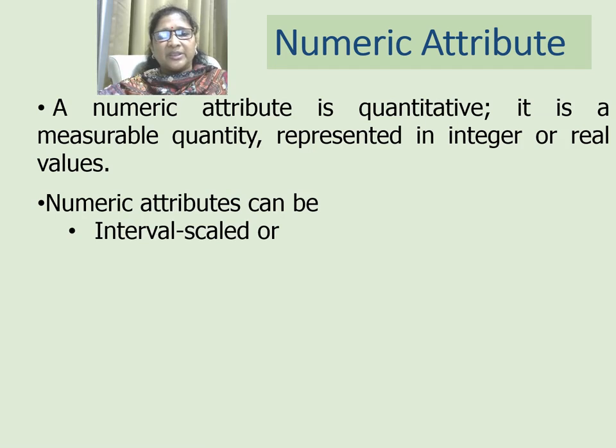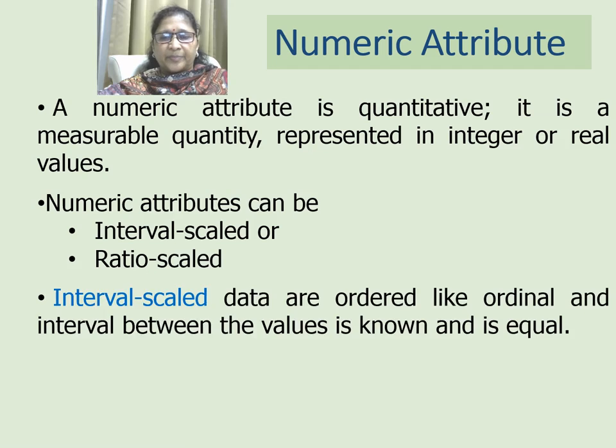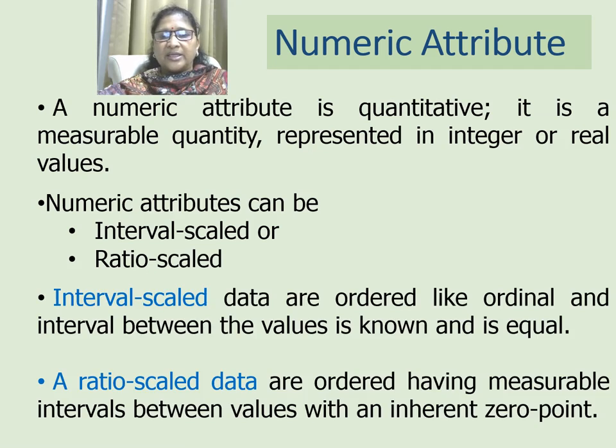Numeric attributes are further classified as interval scaled or ratio scaled. Interval scaled attributes are ordered like ordinal, and the interval between the values is known and equal. Ratio scaled attributes are ordered with interval values, but have an inherent zero. What is this? Let us learn.